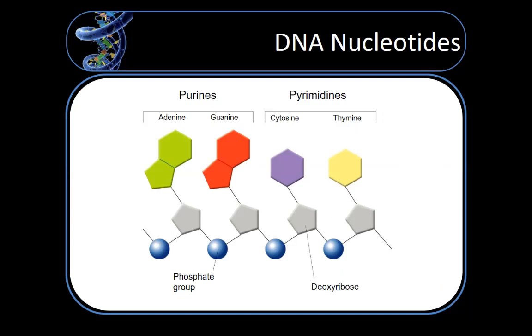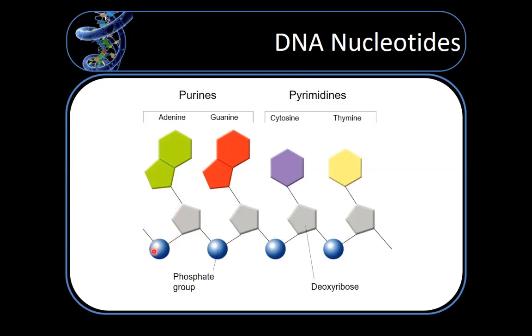The structure you're seeing here is going to be important when we look at how DNA fits together. Down on the bottom you have your phosphate groups, which you can see along here, and each phosphate is attached to our sugar. If we're dealing with DNA nucleotides, as it says here, this is a deoxyribose sugar.